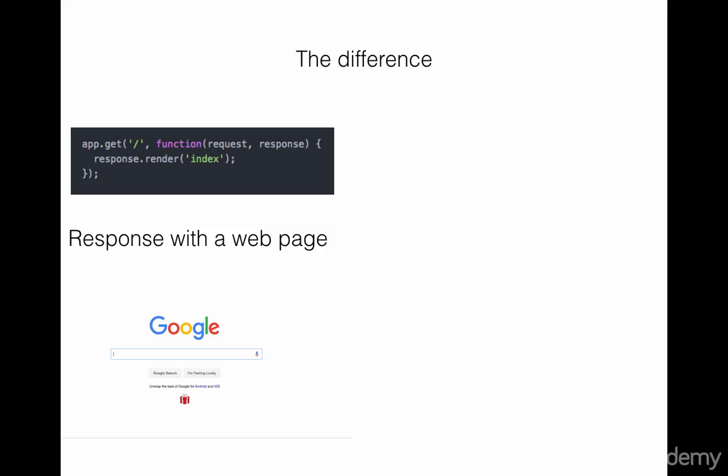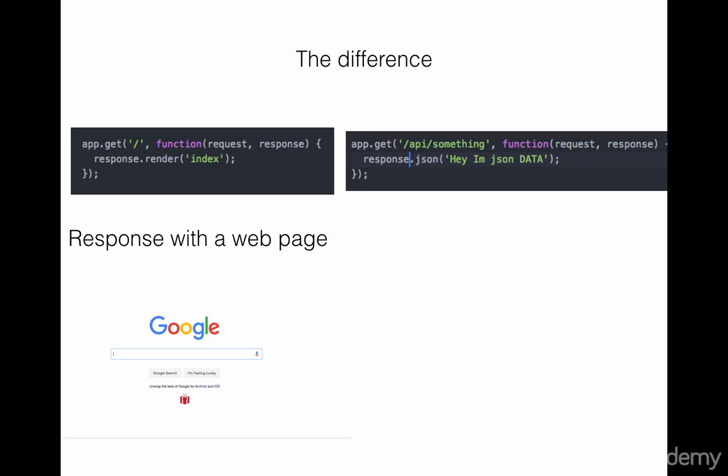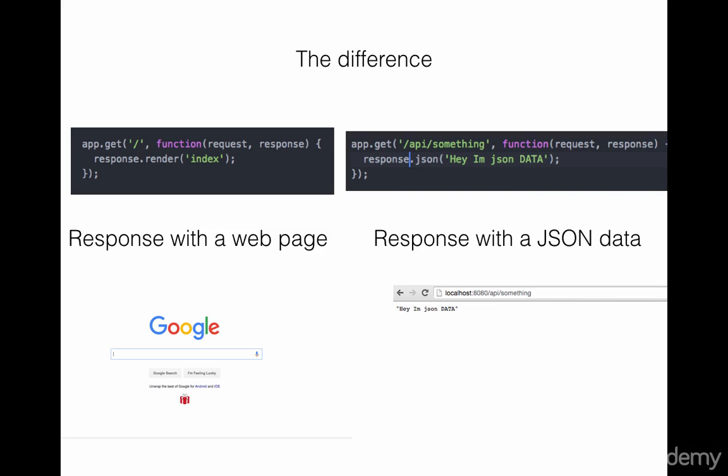On the right side, it is actually an API. It is responding with data, not a web page. It is good to use an API when it comes to writing a native mobile application, but I won't get into that. Just want to let you know, an API is just data.